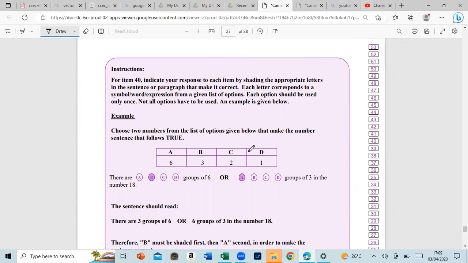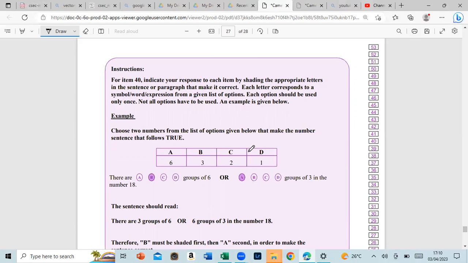Instructions for item 40: indicate your response to each item by shading the appropriate letters in the sentence or paragraph that make it correct. Each letter corresponds to a symbol, word, or expression from a given list of options. Each option should be used only once. Not all options have to be used. An example is given below. It said choose two numbers from the list of options given below that make the number sentence that follows true.